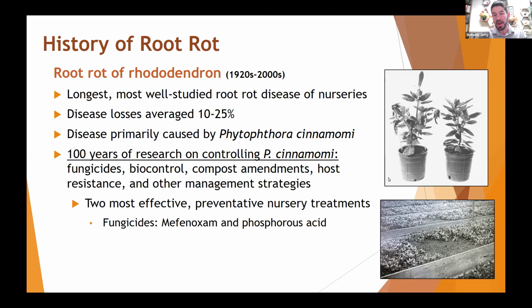To date, the industry standard is probably two systemic fungicides, mefenoxam and phosphorous acid. These are generally considered in the nursery industry here as probably two of the most effective preventative nursery treatments. And you can see some of that historical research off to the right.